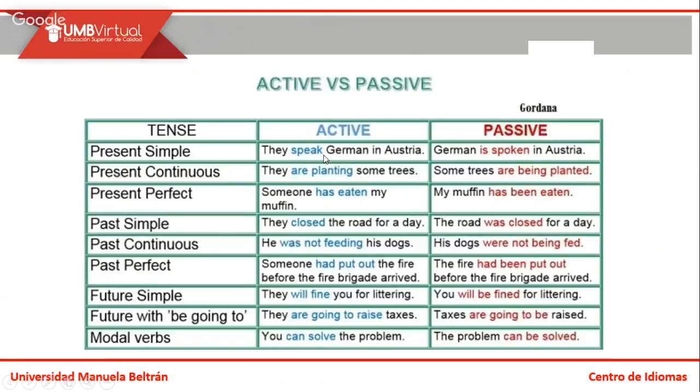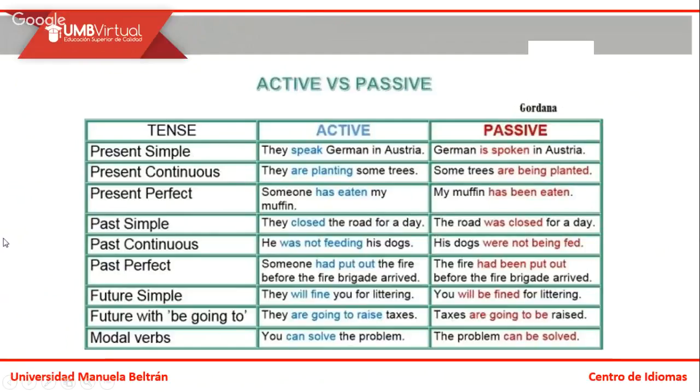Okay. En este caso solo tenemos la voz activa. En la voz pasiva vamos a tener en cuenta algo muy importante. Entonces, no solamente es necesario colocar el verbo en pasado participio, como les decía anteriormente, que la última lista que se encuentra dentro de la lista de verbos, sino que también vamos a utilizar el verbo to be dependiendo del tiempo.